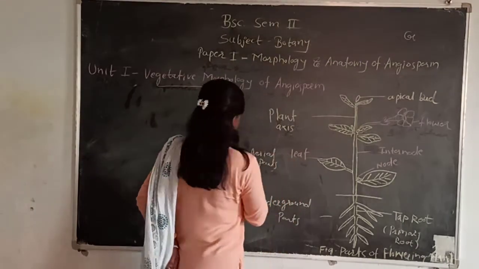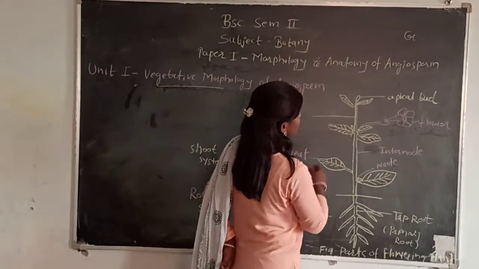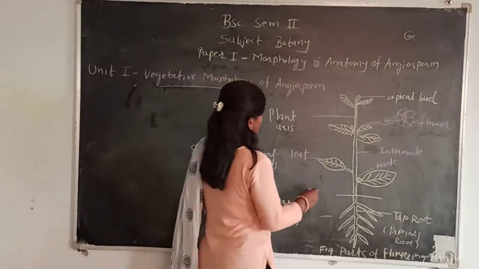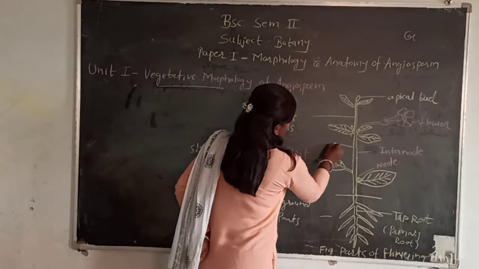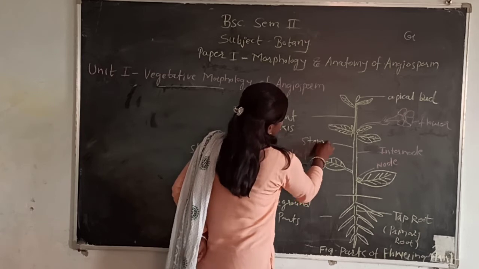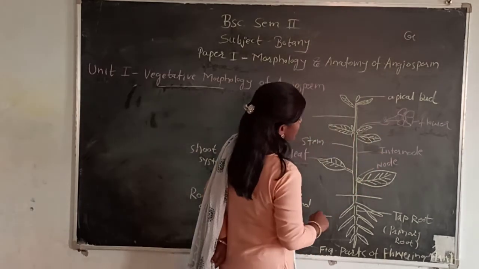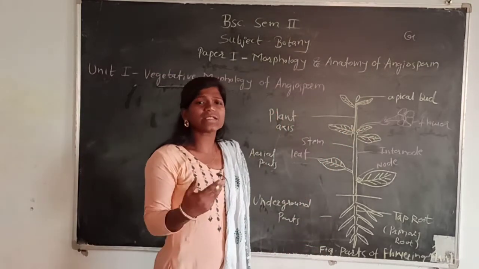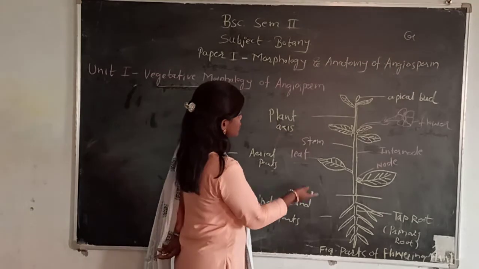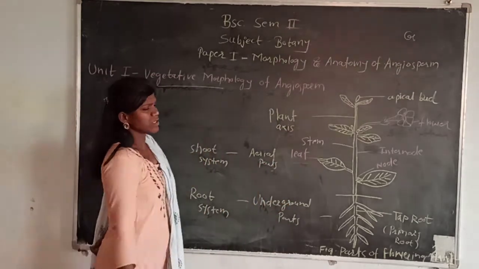Then what is the shoot system? In the shoot system, different organs are present. Here leaves are present, then the stem, then the flower, then the apical bud, and again the fruit. These are the different structures present in the aerial parts, and they form the shoot system.